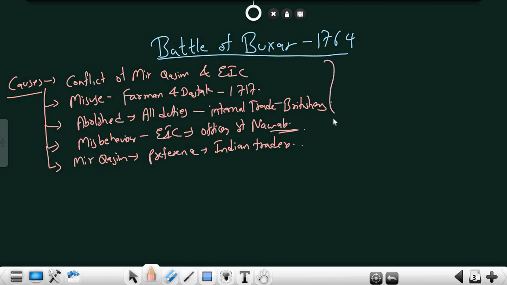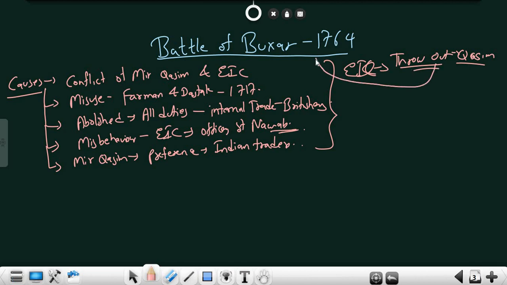And due to all these reasons, the British East India Company wanted to throw out Mir Qasim also as a Nawab of Bengal. And these all resulted in the ignition of Battle of Buxar.